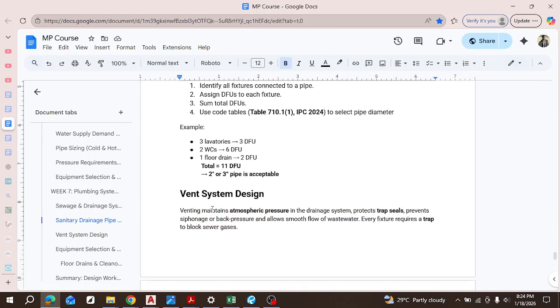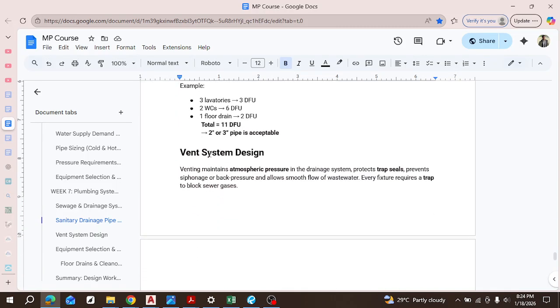So let's move on. Now let's talk about venting, right? Venting maintains atmospheric pressure in the drainage system. You know how you have a pipe open on two ends, and if the pressure is equal, the flow in that pipe is constant, right?